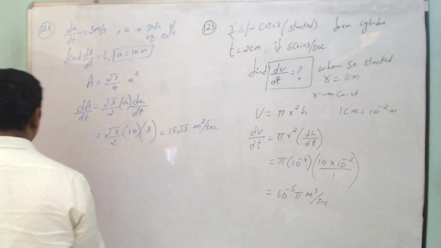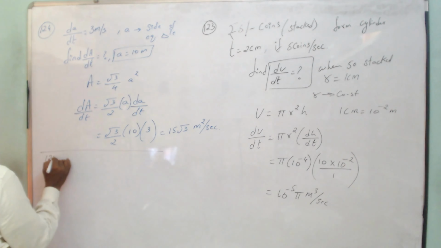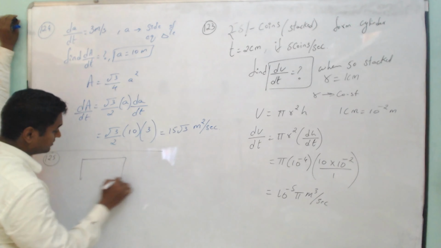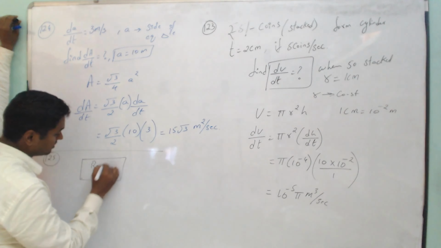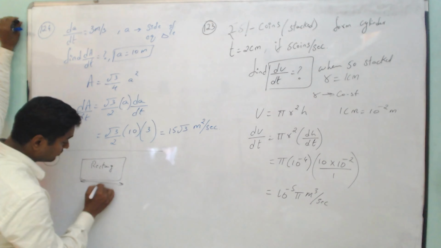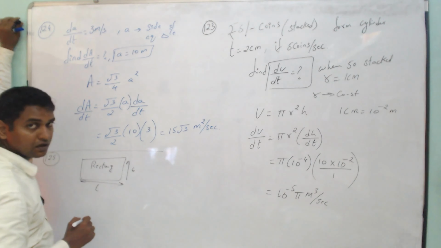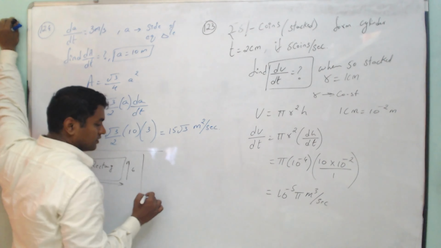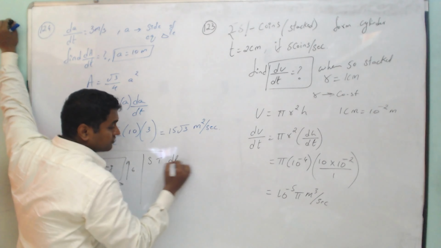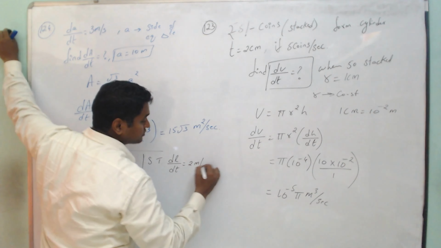I'll give a similar type but different geometry. 125. This is a rectangle having length L and breadth B, such that the rate at which the length is varying is 2 meters per second.